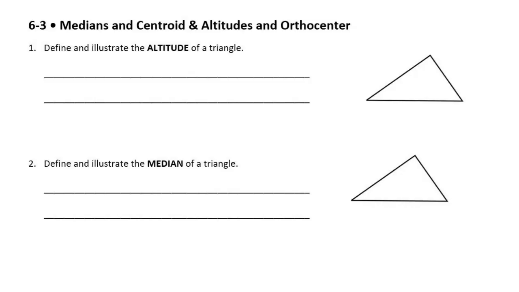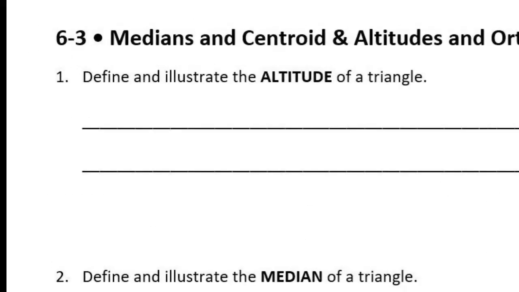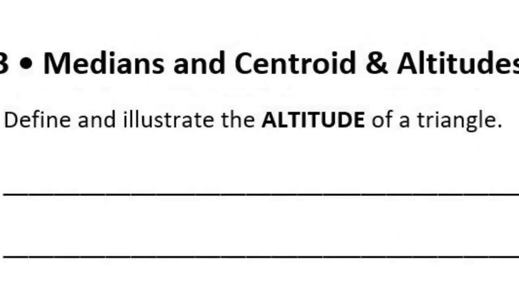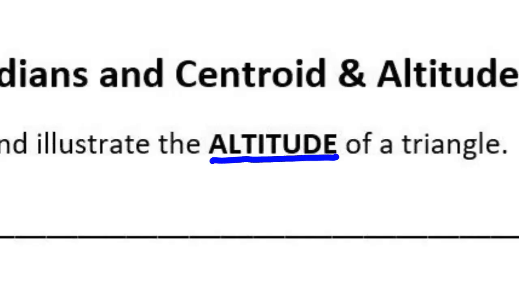We're going to talk about some new types of segments and points of concurrency. So first thing we're going to do is define an altitude.